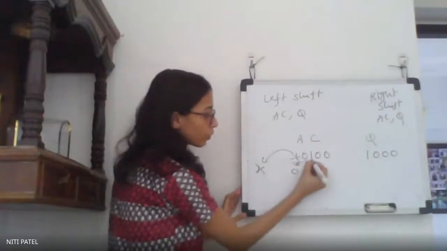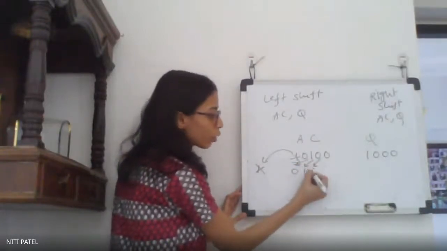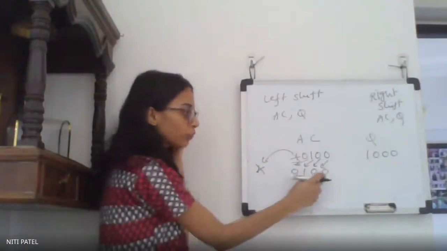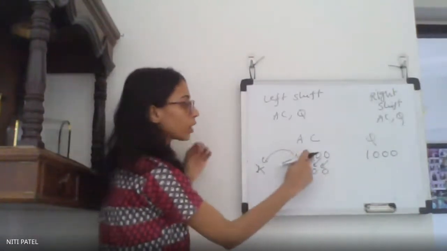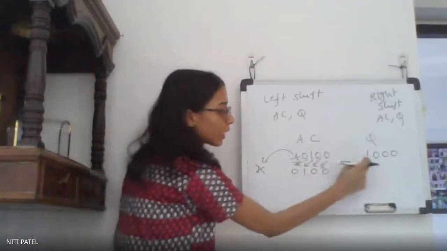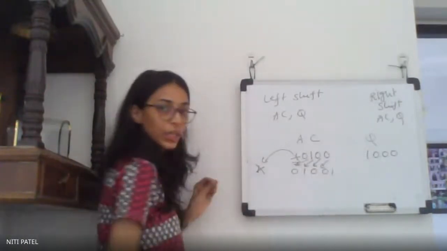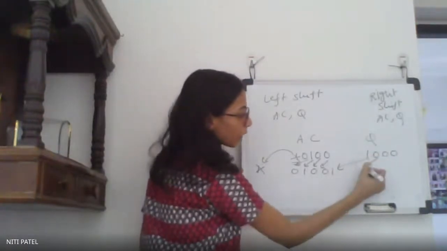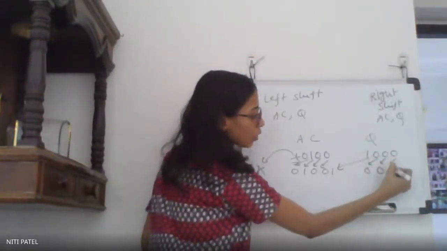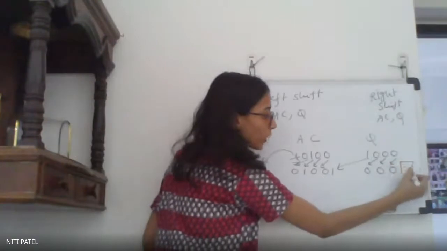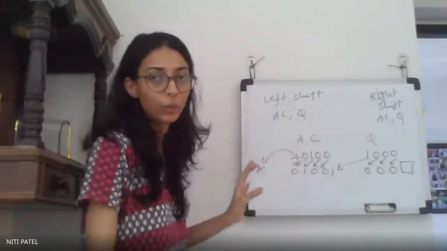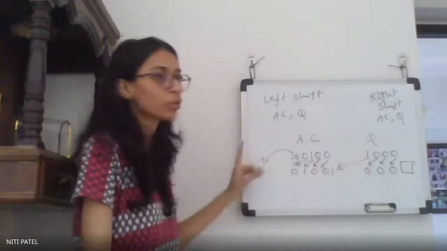This 0 is shifted here, 1 here, 0 here, 0 here. How many bits do I have? 1, 2, 3, 4. How many are required? 1, 2, 3, 4, 5. So I take 1 bit from Q, and this bit shifts here. What has to be done with the last bit, we will see when we come across the algorithm. This is how we are supposed to do the left shift.